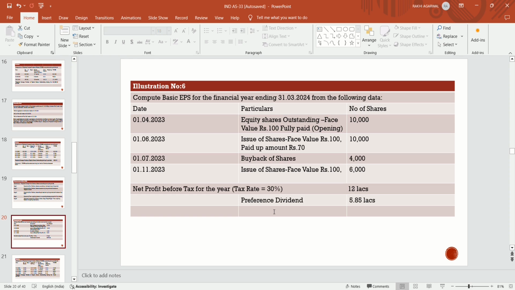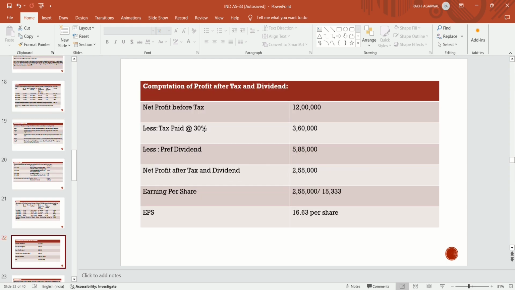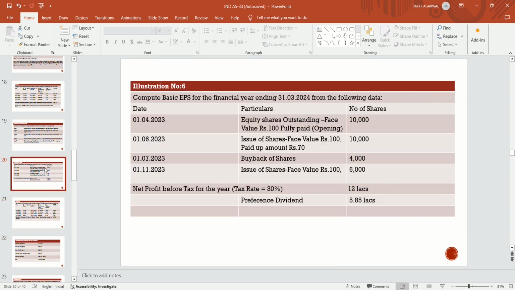Firstly, we will calculate net profit after tax after giving the preference dividend. The net profit before tax is 12 lakhs. Less tax at 30%, that is 12 lakhs into 30%, it becomes 3,60,000. After that, we will also reduce the preference dividend mentioned in the question, that is 5,85,000.